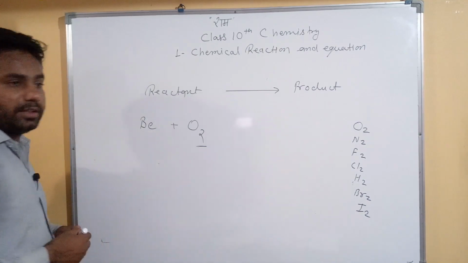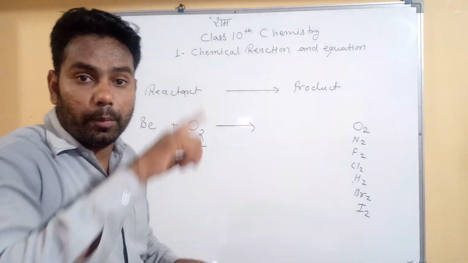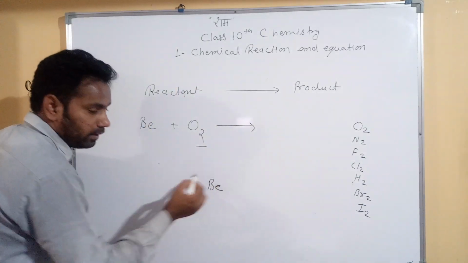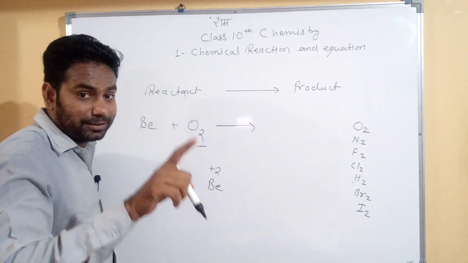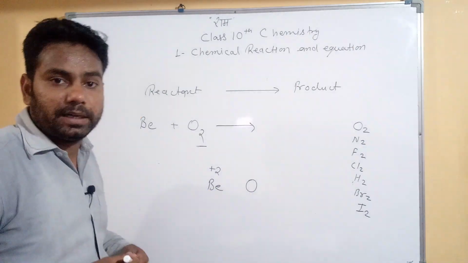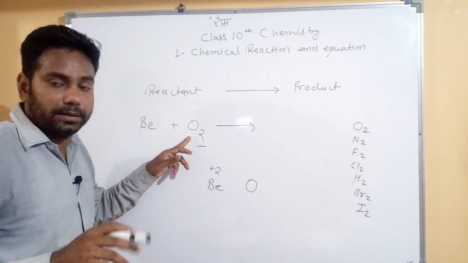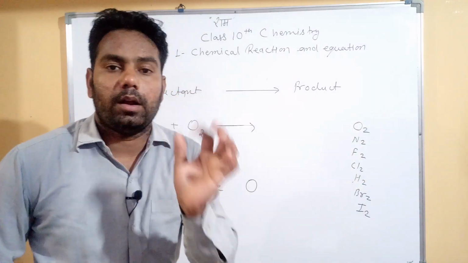Beryllium reacts with oxygen. So how do I know the product? I know the cross multiply method. So in our rough work, Be, its valence is +2, because it belongs to the second group. Oxygen: in cross multiply we use only atoms, not molecules. Here molecules are present, but in our cross multiply method we have only atoms.